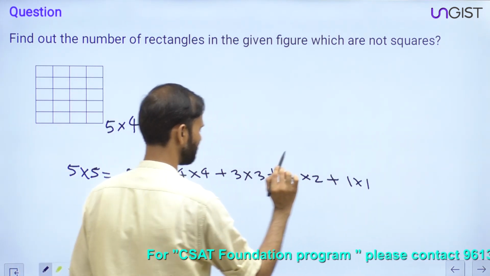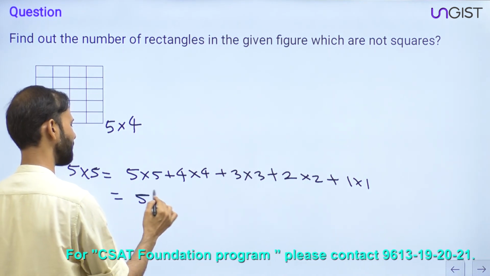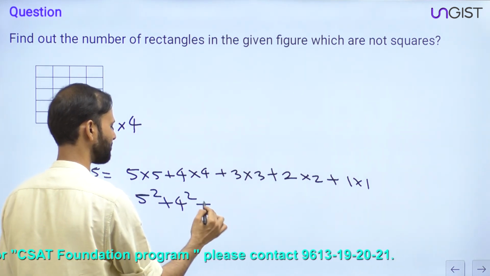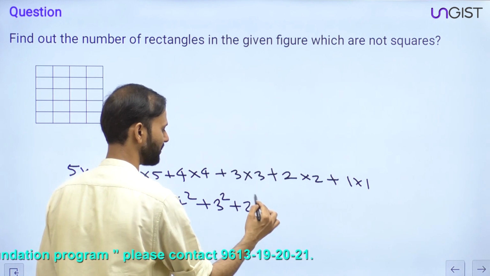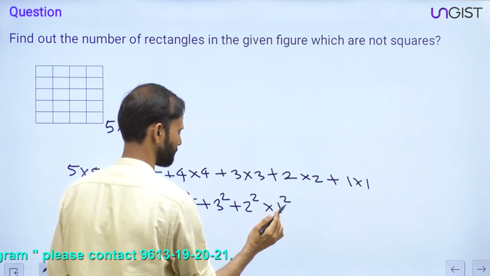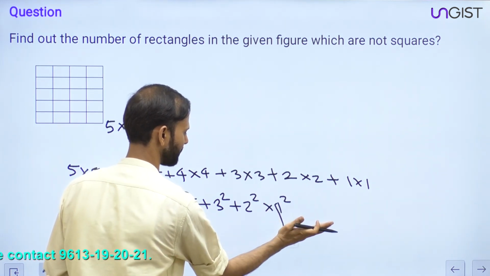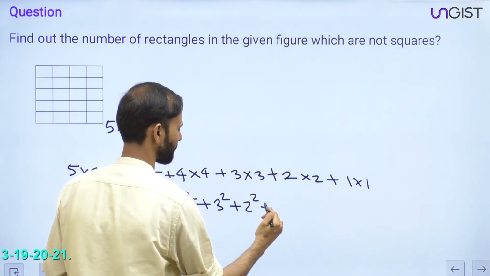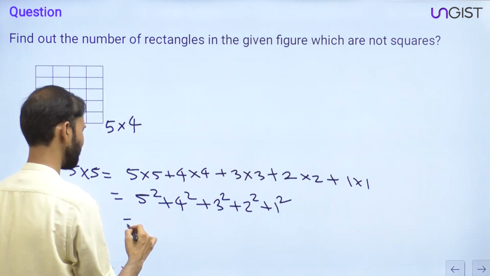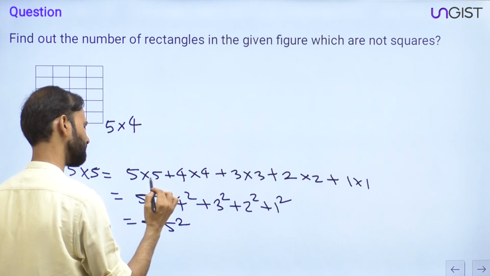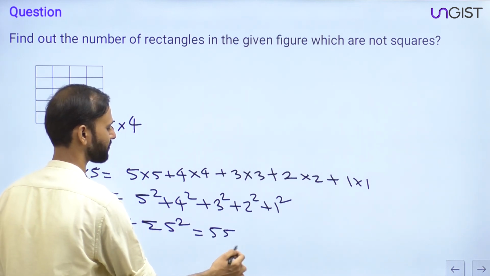This is the answer, right? This is sigma 5 square. So I'm getting 55, right?